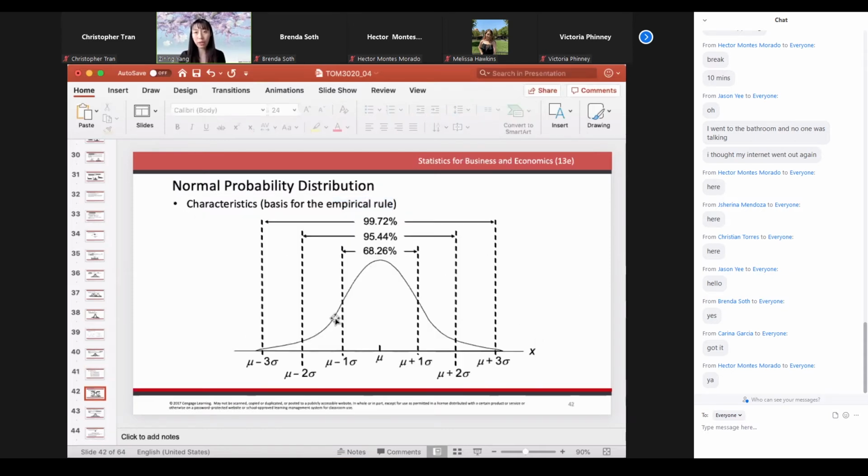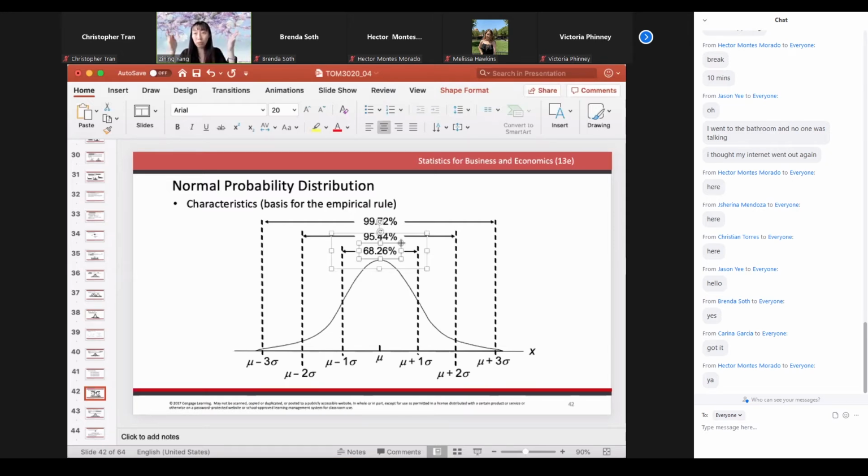The empirical rule simply tells us when we look at the symmetrical curve and when we start from the center, start from the mean, if we go above and below 1 standard deviation, mu plus 1 standard deviation or mu minus 1 standard deviation, we are actually covering 68% of the data points.